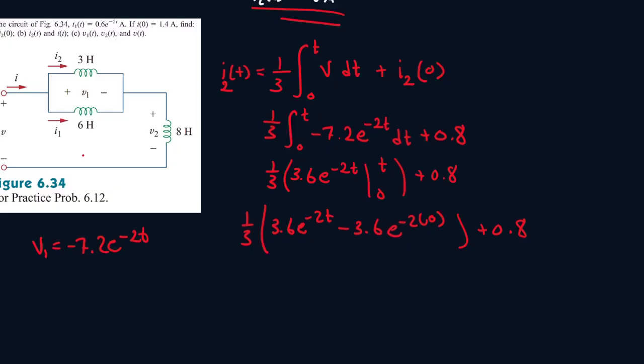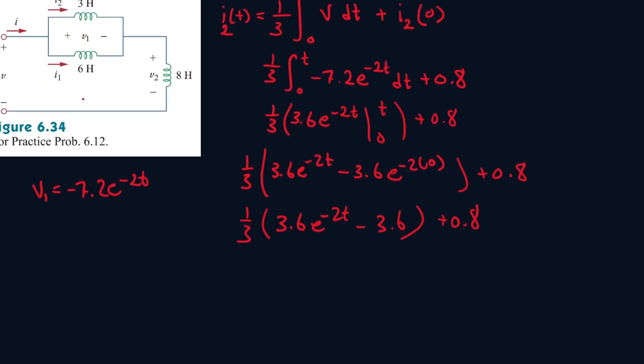Now, that just simplifies to 3.6 e minus 2t minus 3.6. And then we divide the bracket by 3. So it's 1.2 e minus 2t minus 1.2 plus 0.8, and that's 1.2 e minus 2t minus 0.4.